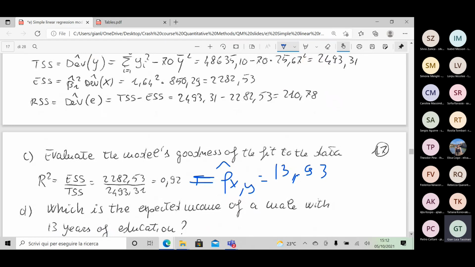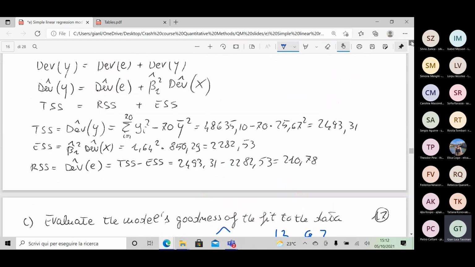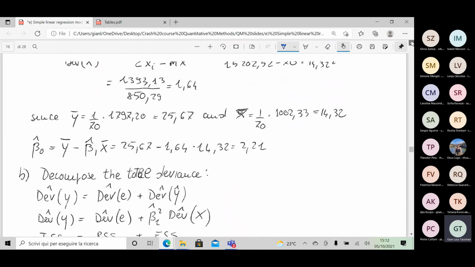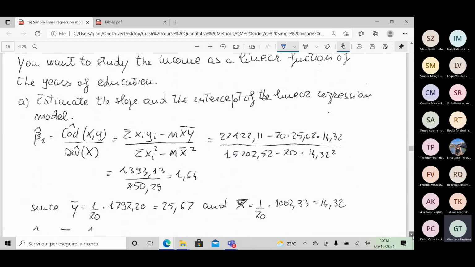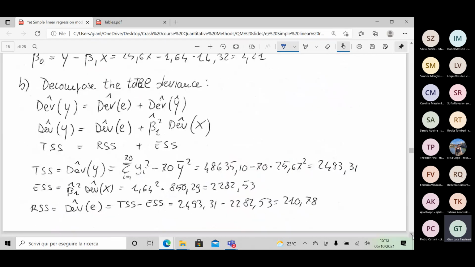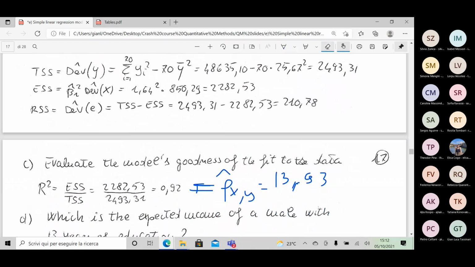13,93, 13 again, I think 13... 13,13. 1393, 13, so sorry. Let me cancel. 93, here square, okay, comma 13, divided the square root of the deviances.